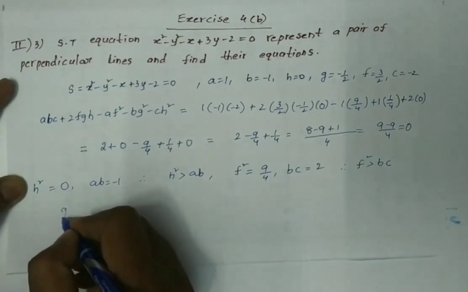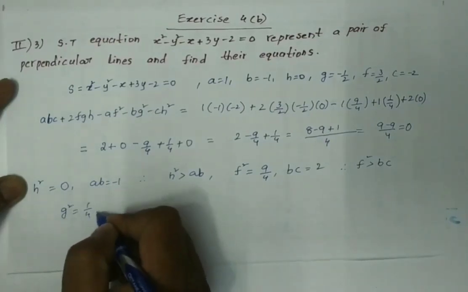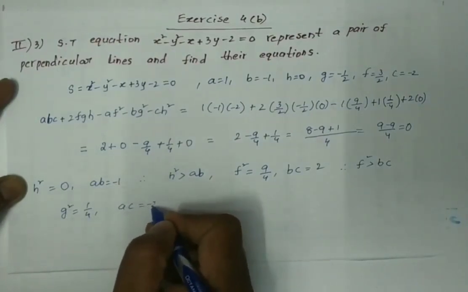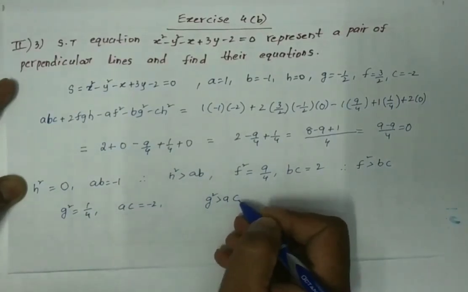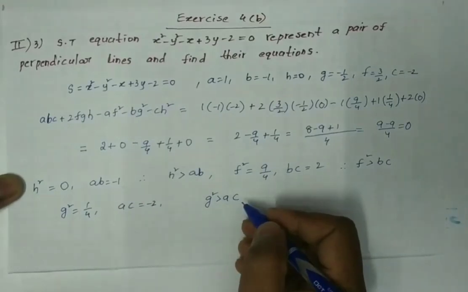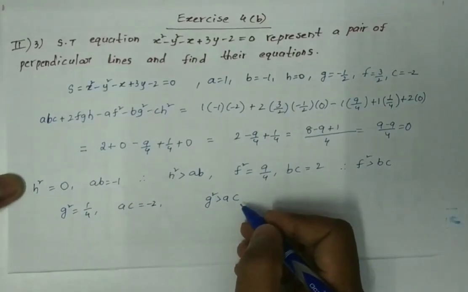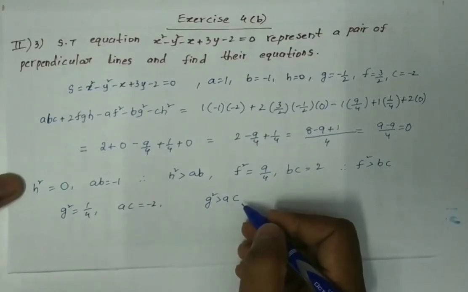Next, g square is 1 by 4 and ac is minus 2, therefore g square is greater than ac. Therefore the given equation satisfies the first condition as well as the second condition. So we can say that the given equation represents a pair of straight lines.